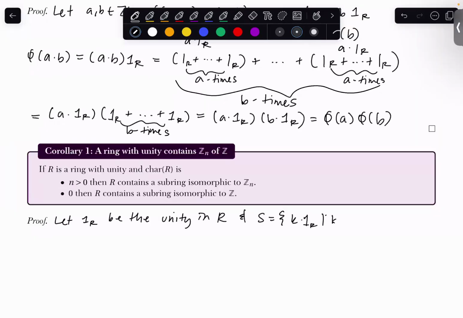So take k, any integer, and add one to itself that number of times. I want all of these possibilities. So I want 1, I want 1 plus 1, I want 1 plus 1 plus 1. And I also want to do this in the negative direction, so thinking inverses as well.